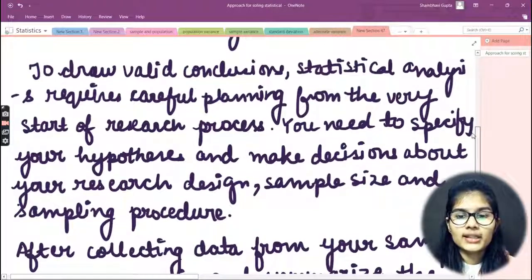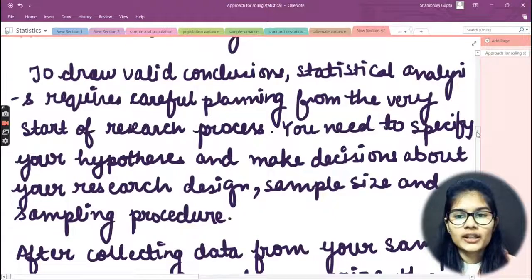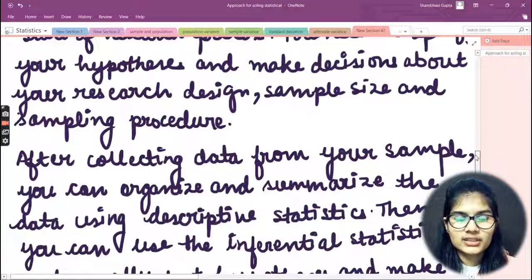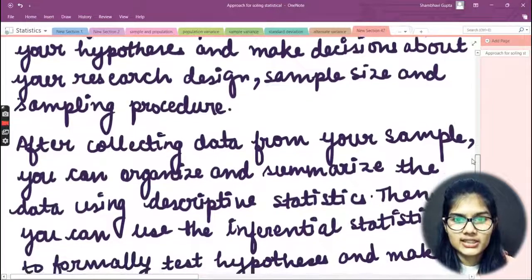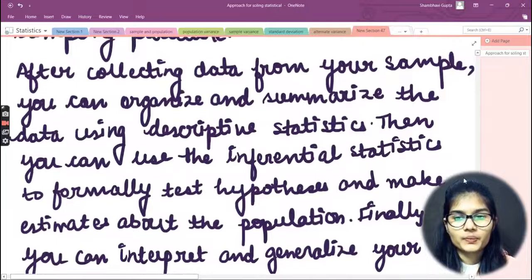To draw valid conclusions, the statistical analysis requires careful planning from the very start of the research process. So you need to specify your hypothesis and make decisions according to your research design, the sample size and the sampling procedure.